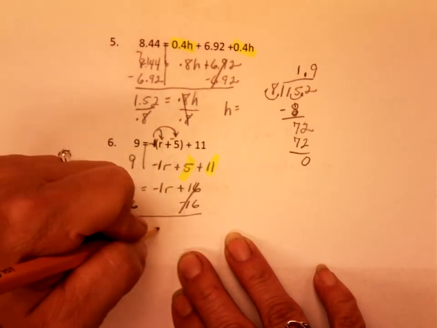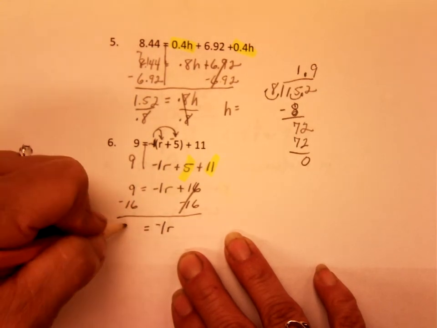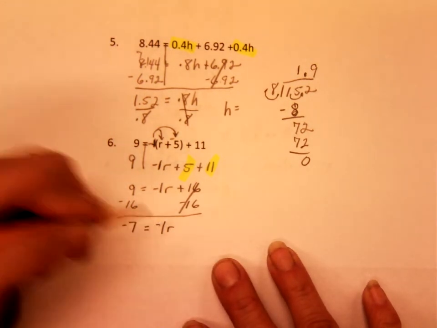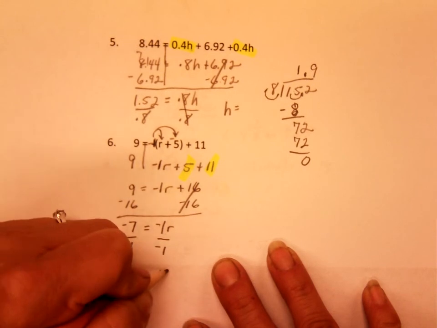And you're left with negative 1r is equal to 3. You have to get r positive, so you have to divide by negative 1. So r is equal to negative 3.